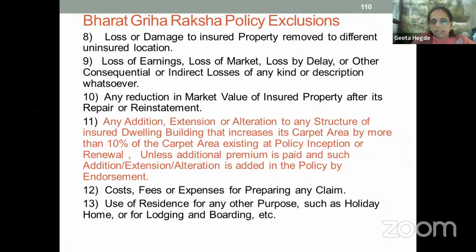So if there is any addition, extension, or alteration in the structure of the insured dwelling which increases its carpet area, the declared carpet area was less, it has increased by 10%, then it is covered. But anything more than 10% will not be covered unless it is declared and premium is paid.